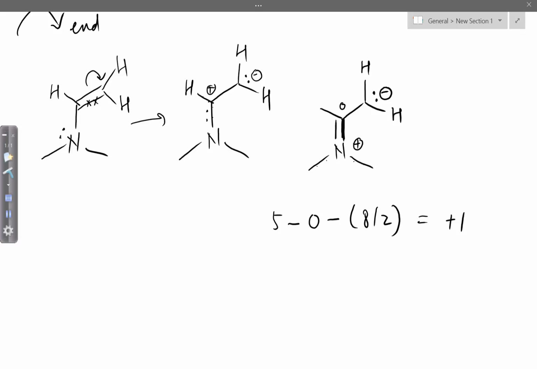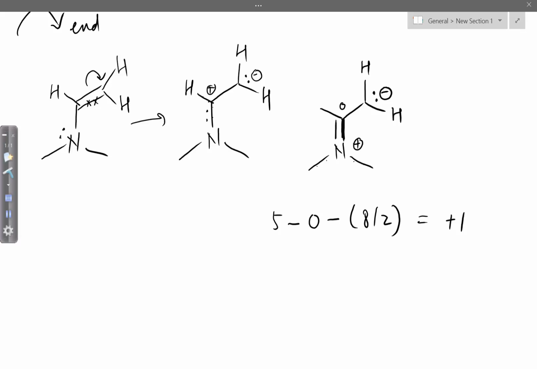Is it related to finding the actual structures? Not really. I think it is the more stable structure.